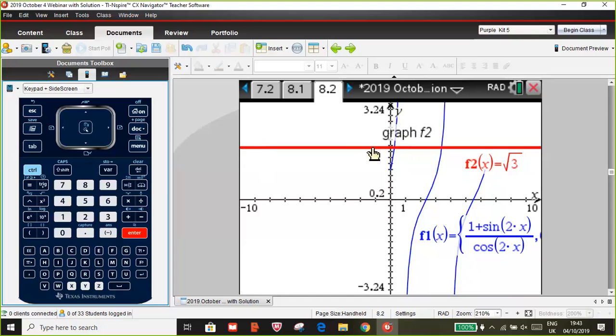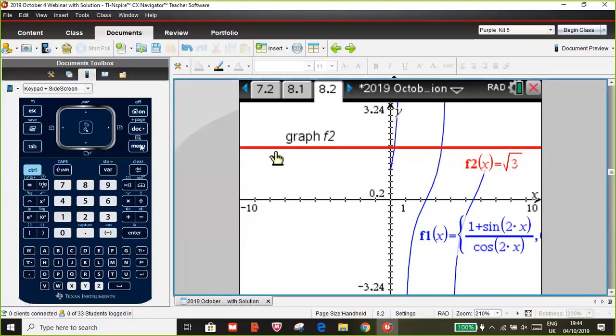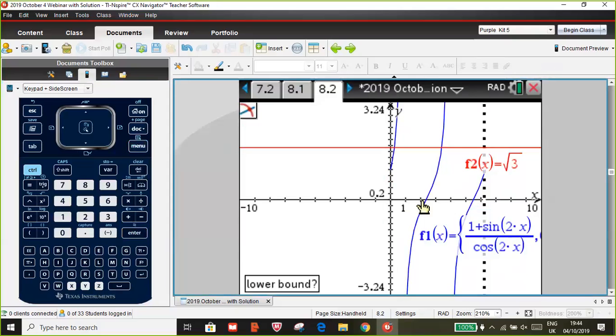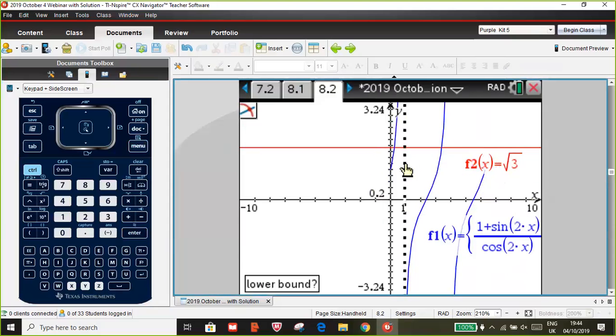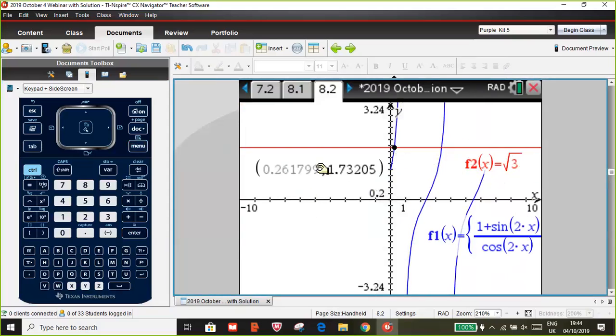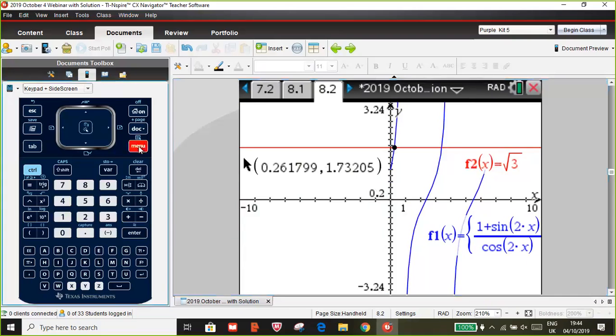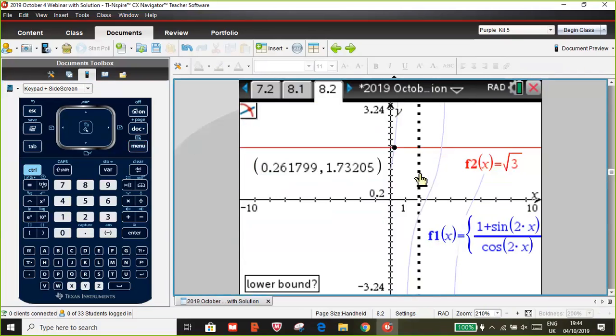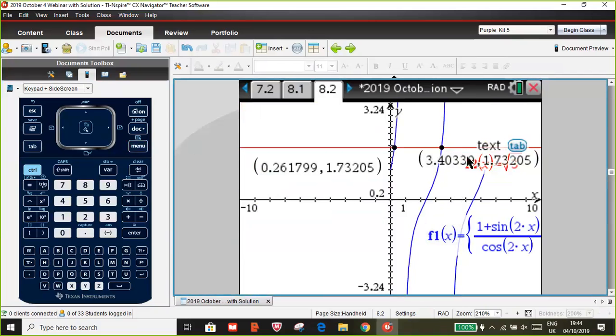This is just in case you're not sure where to get it. It's down here. Lower bound from here to here. Yeah, I'm rushing a bit, right? So do it again. And then you can answer the question. That's basically it.